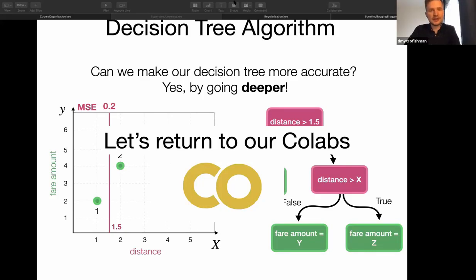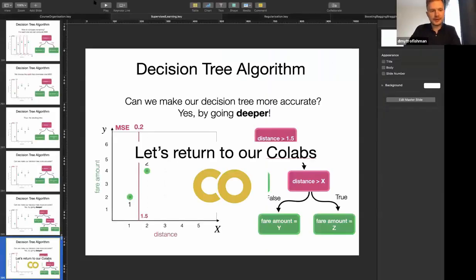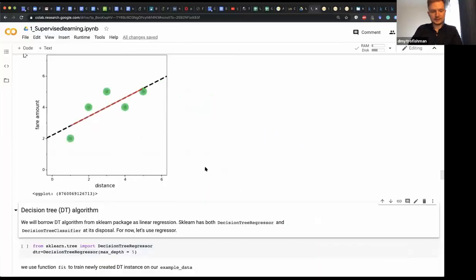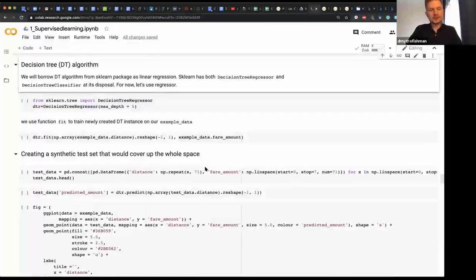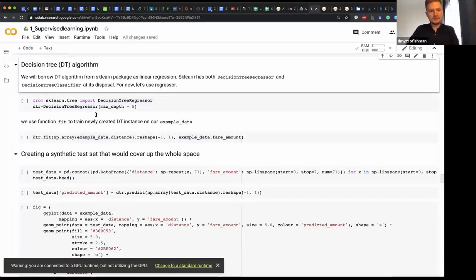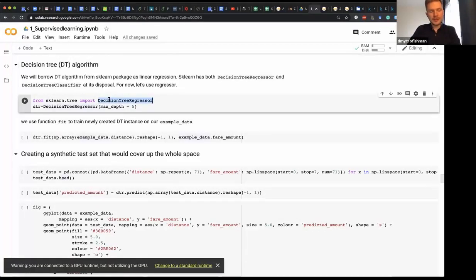So let's return back to the collaboratory. Let me shift it here. This would be the final part for today. I just wanted to go through quickly this decision tree algorithm here. In fact, we will use the scikit-learn library called decision tree regressor.